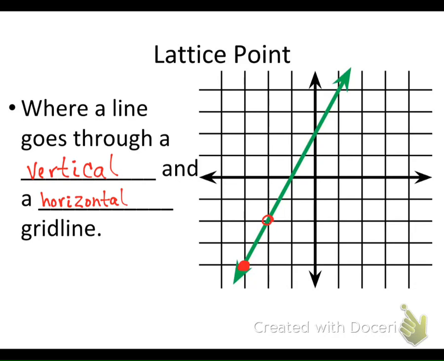Would this be a lattice point? Yes, it's right where that line intersects the horizontal and vertical grid line. So a line will have multiple lattice points. Here's another one, and another one, and another one. So a line is going to have multiple lattice points.